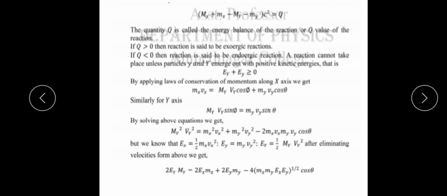The quantity Q is called the energy balance of the reaction, or the Q value of the reaction. If Q is greater than 0, the nuclear reaction is said to be exoergic. When the Q value is less than 0, it is called an endoergic reaction.